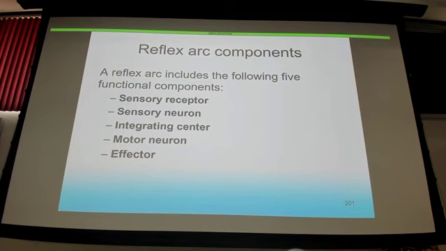If y'all probably don't follow where I'm going, but in my East Texas mind, I'm like sensory receptor, sensory neuron, integrating center. I got all that, motor neuron. Then I get to effector, and I'm like, well, we're sending motor neurons to the heart. Shouldn't we call it the effectee? Right? See, don't do that. I shouldn't even say it. It's the effector. It's what physically does the change.